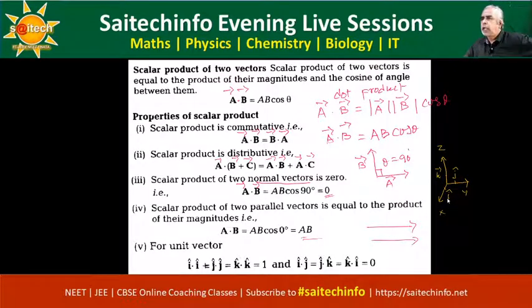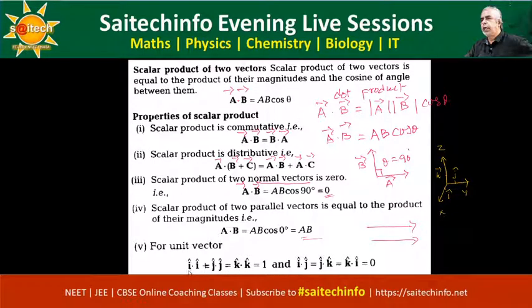Now i dot i means what? That is 0 degrees, is it not? So i dot i, similarly j dot j, similarly k dot k, all are 0 degrees, which means that is 1, because both of them are the same.